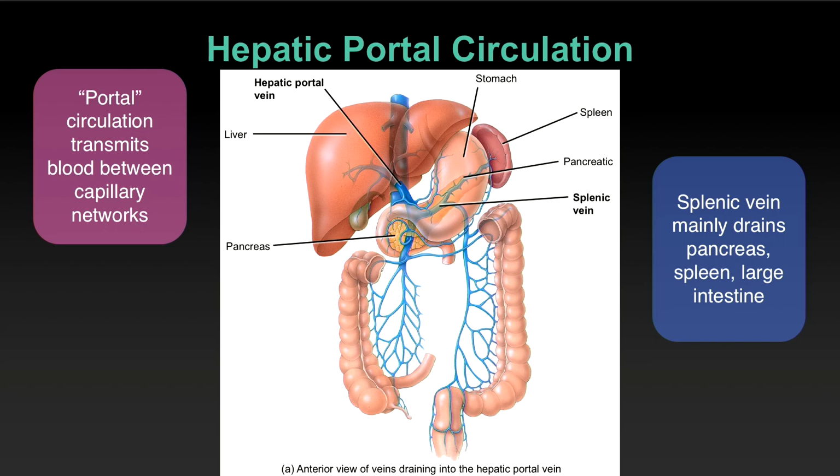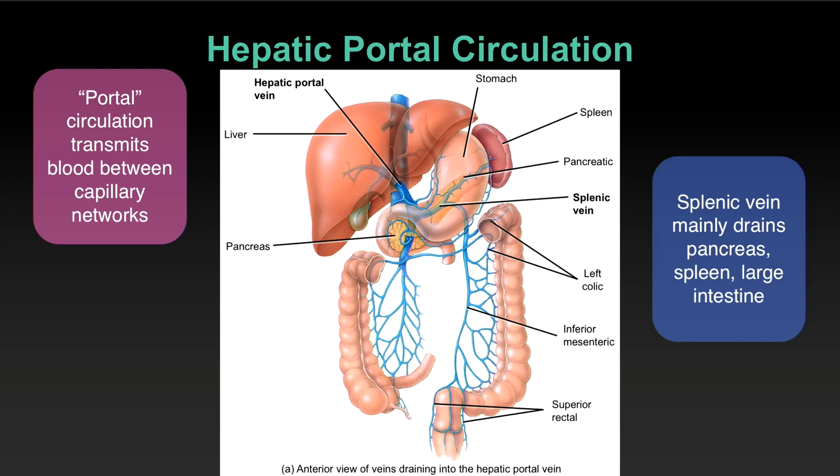The other is the inferior mesenteric vein, and you've seen that word come up a fair bit. There are mesenteric arteries and mesenteric veins. The inferior mesenteric vein is responsible for collecting all of these branches at the colon, at the descending intestine, and at the rectum.